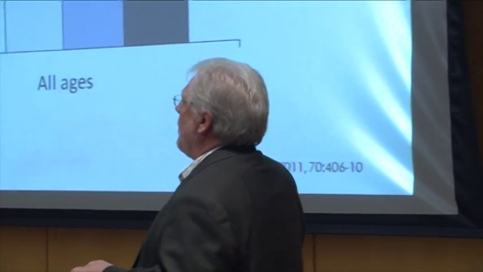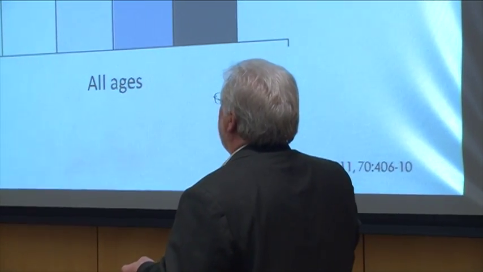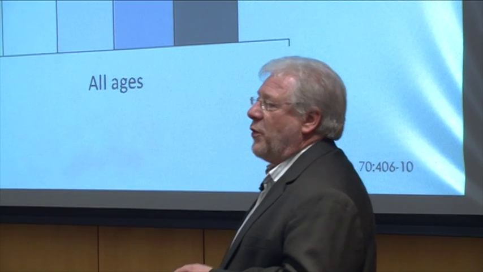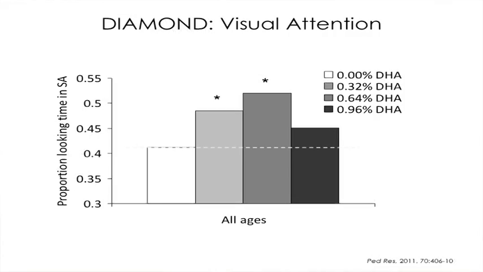The first thing that we got at 4, 6, and 9 months was the fact that we improved the quality of these babies' attention. This is the percent of time they spend in SA, in sustained attention. Remember, it's that decelerative phase that I showed you early on. And in the 2 middle doses, we found that they had a higher proportion of time spent in sustained attention than the control group.